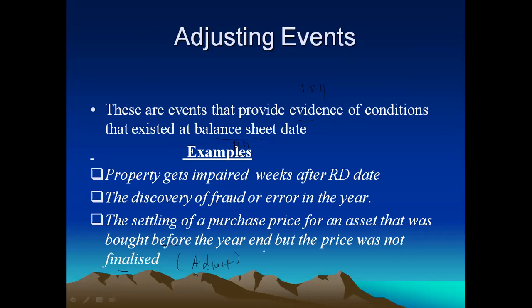Impairment of property weeks after the reporting date is an adjusting event. Discovery of fraud and error soon after year end is evidence that this condition was there. Then the settling of the purchase price of an asset that was bought before year end, but the price was finalized after the year end, is an adjusting event.